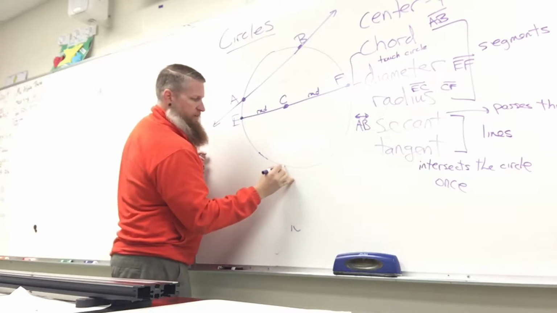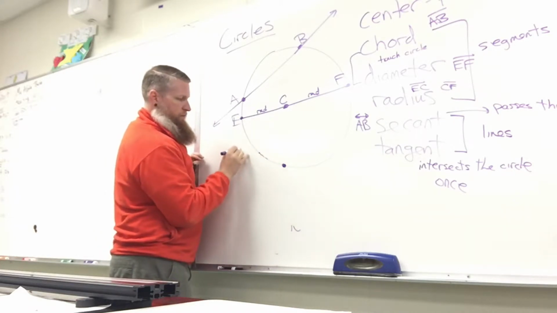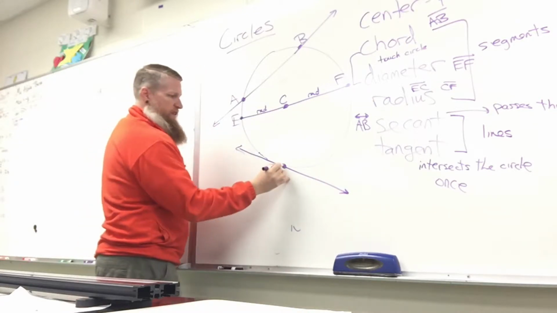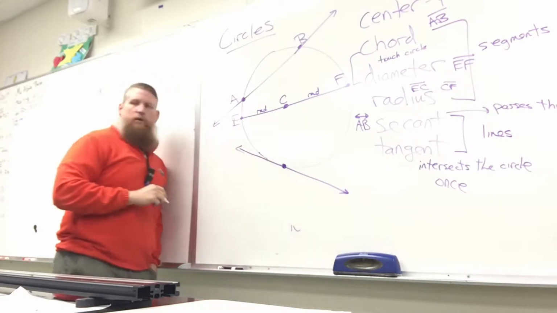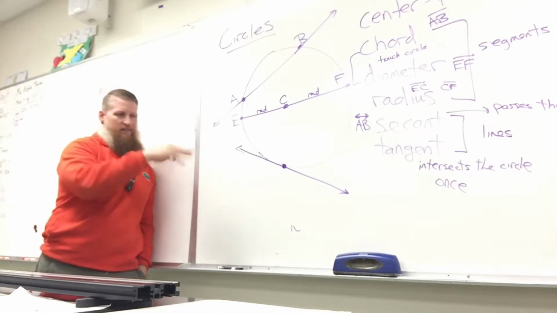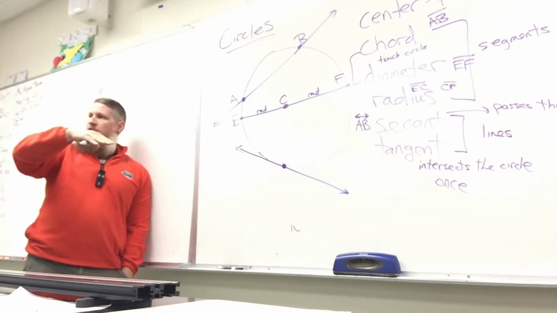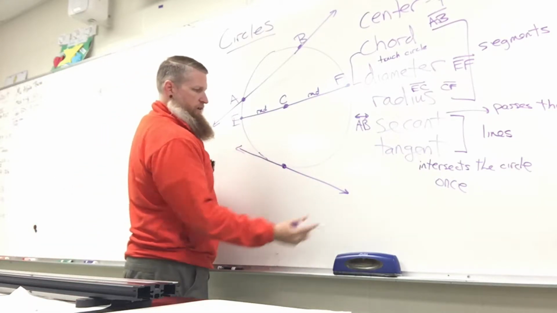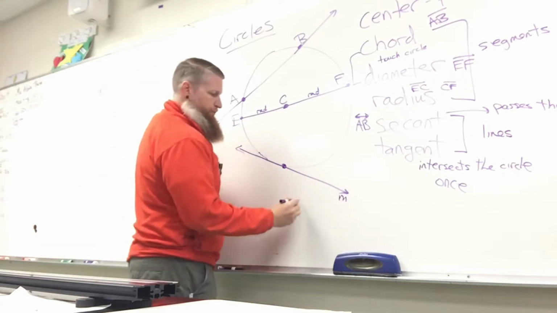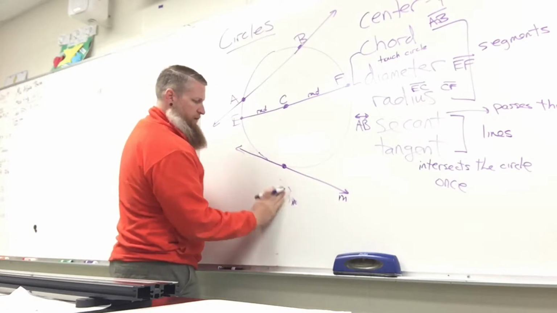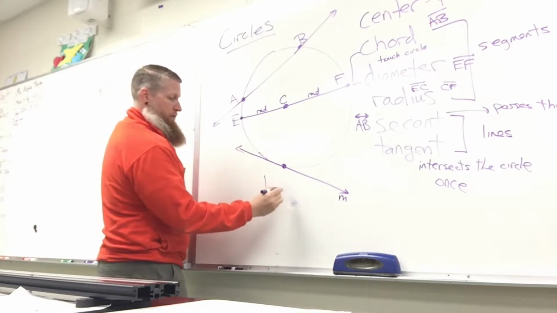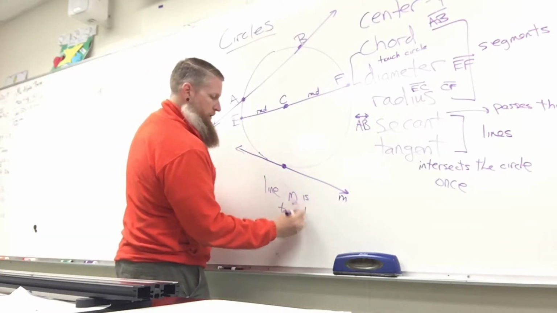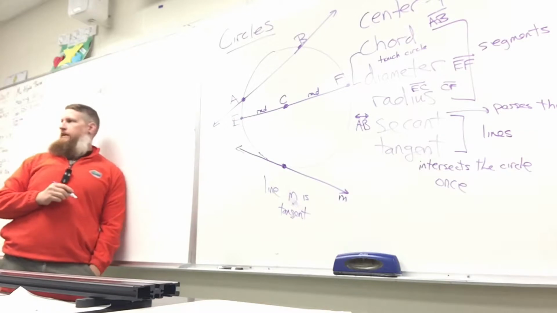So if I had, let's say, this point right here, okay, and I said that one right there is only touching at that one specific point, which probably isn't, I drew that a little wonky, but still, if I said it's only touching in that one point, this line right here, which we'll call like M. Okay, that line down there would be called a tangent line.